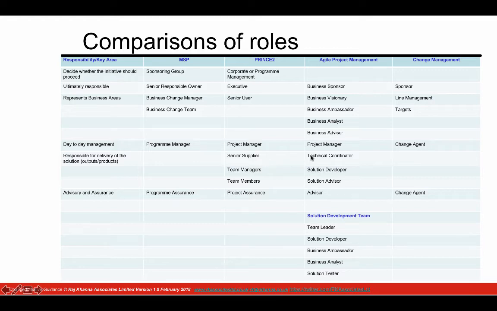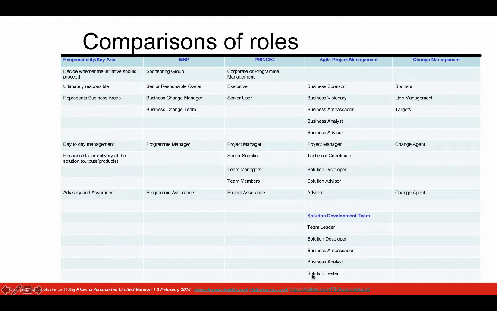The business analyst says that is what we would like to help me cook, because I can take the food straight out of the fridge and put it on the cooker. The technical coordinator is then looking to see whether that solution is viable from a technical perspective. They then have, as the name correctly suggests, somebody who's actually developing that solution, and somebody different who is actually testing the solution. So we have the solution tester.